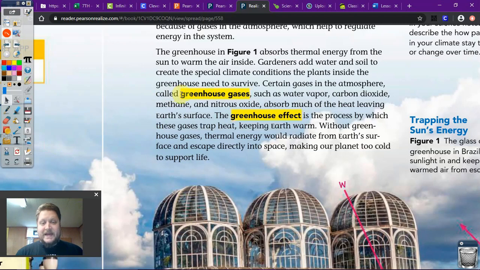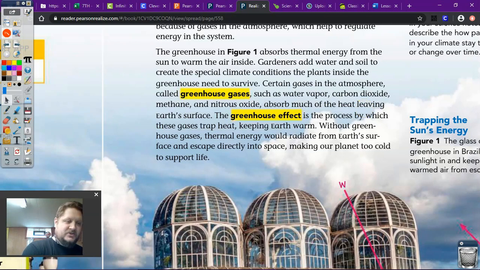All right, so gases in the atmosphere that trap this heat are known as greenhouse gases. Right here, we have such as water vapor, carbon dioxide, methane, nitrous oxide. These absorb a lot of the heat trying to leave the Earth's surface. So if we increase the amount of these gases in the atmosphere, we should see an increase in the overall temperature of the planet.